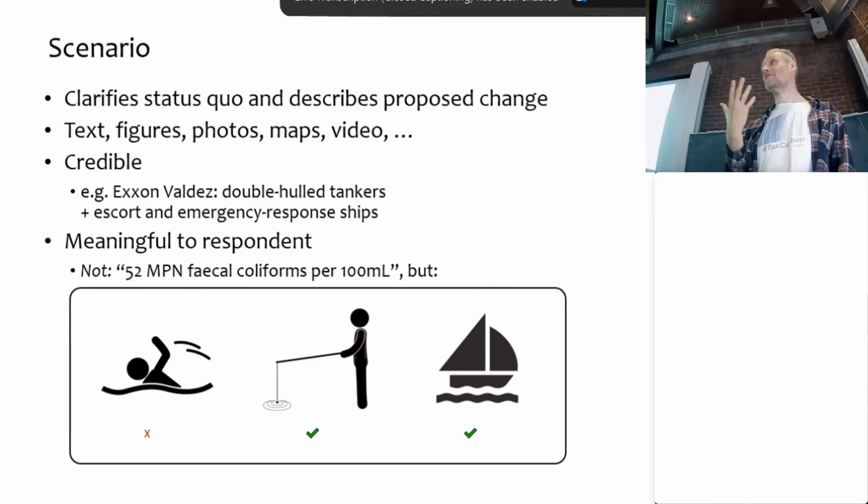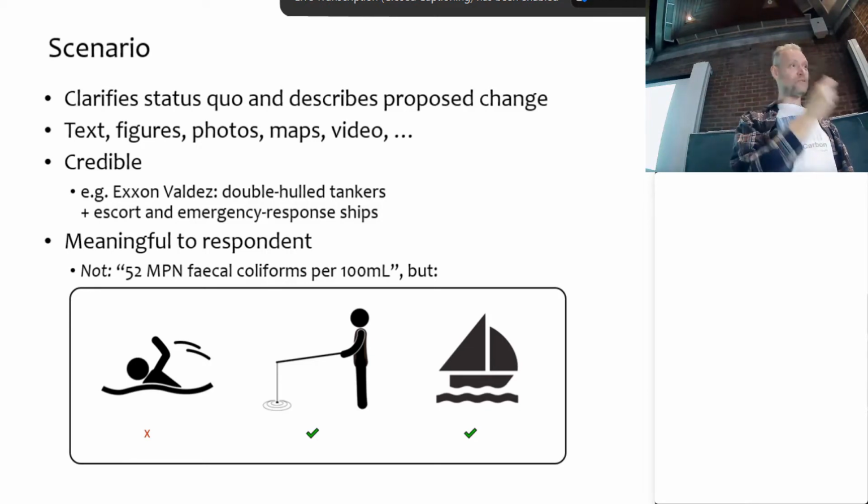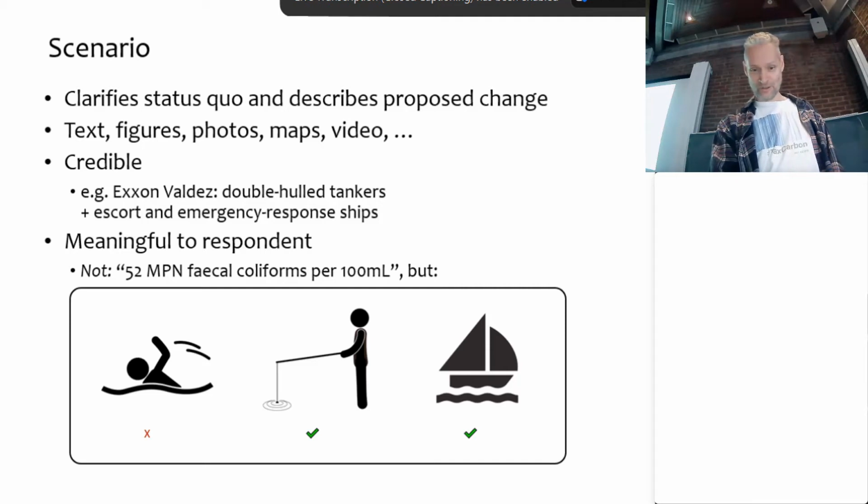Because nobody thinks in terms of MPN per microliter. What does that even mean? And very few people know what the word coliform means. And you would actually have a good few people who would not know what fecal refers to, right? It's poo. And coliform are the bacteria that come out of your butt and into the water, and it's really not good to drink that.